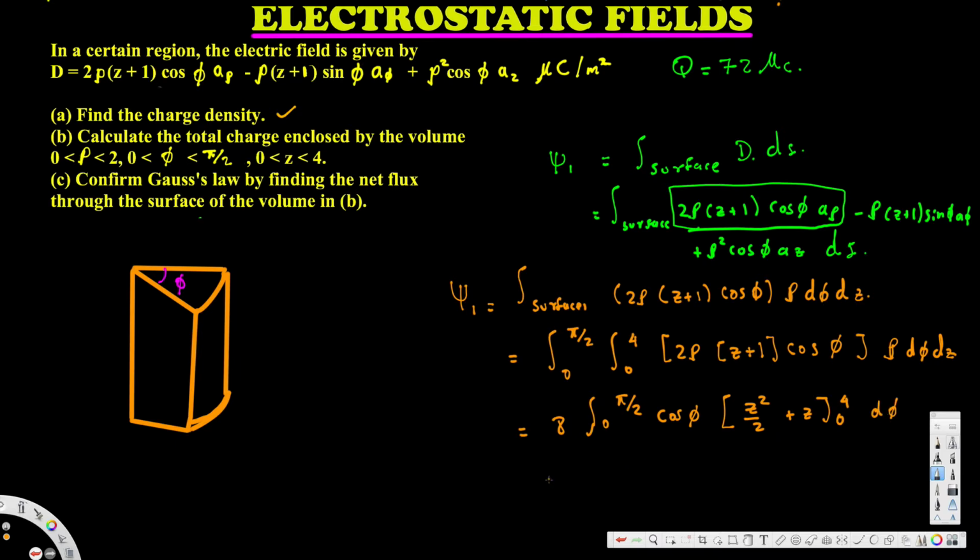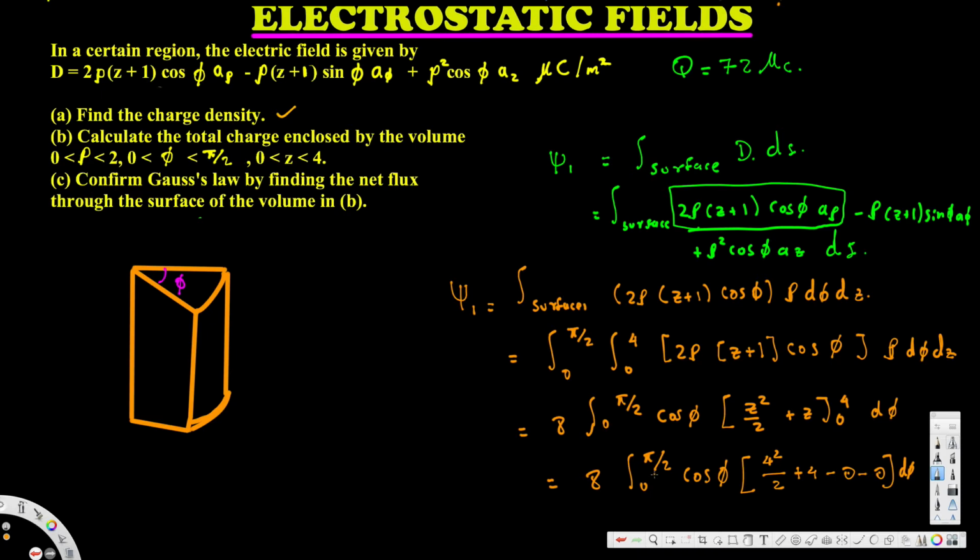Okay, and if we simplify this one, we are going to have 8 integration from 0 to 5 by 2 cos phi, z square, we plug in 4 square first, 4 square divided by 2 plus 4 minus 0, d phi.